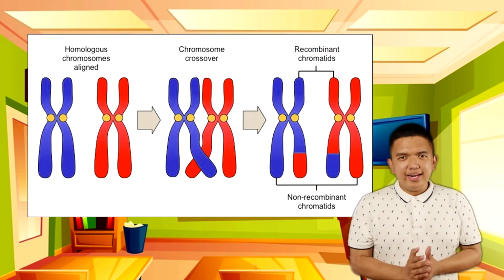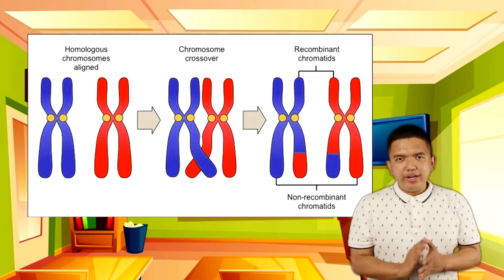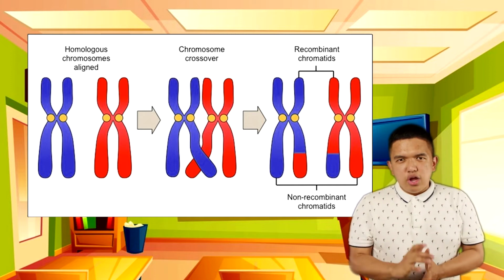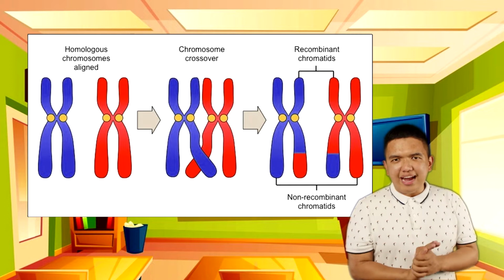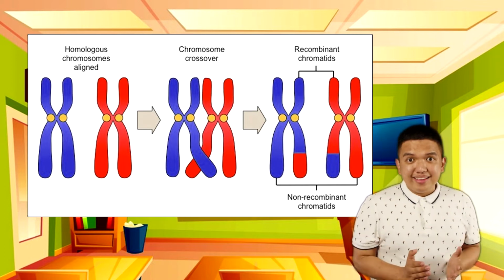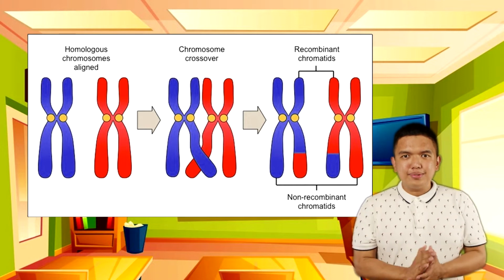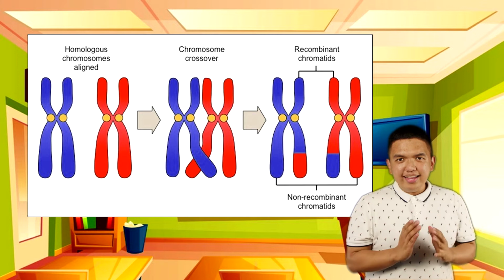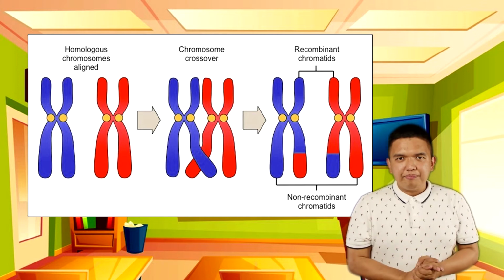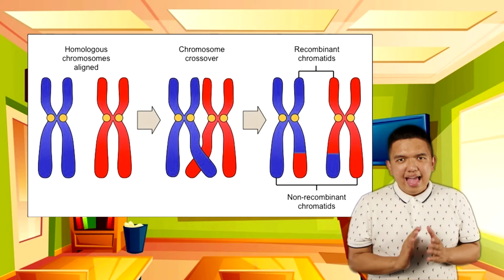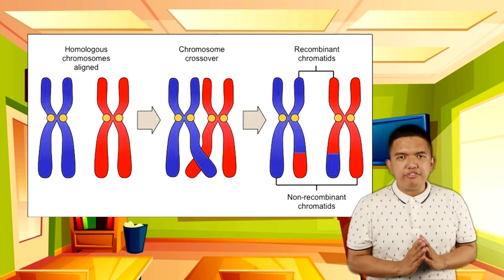Crossing over is the process wherein homologous chromatids exchange genetic material to ensure greater variety in gamete formation. After that, homologous chromosomes line up randomly on the equatorial plane and they separate independently. Their separations result in 2 nuclei having half the number of chromosomes.